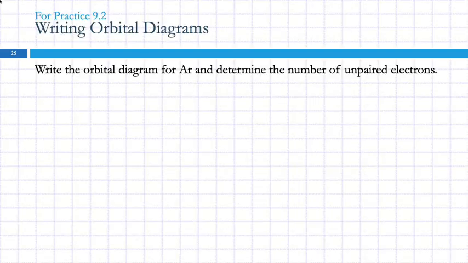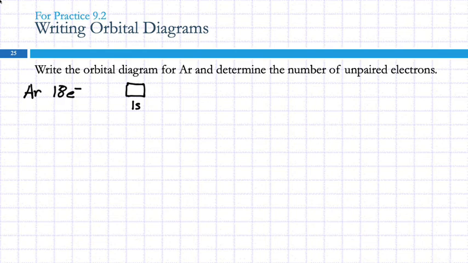Okay, write the orbital diagram for argon and determine the number of unpaired electrons. So the first thing to do here is to figure out how many electrons are we dealing with. How many electrons does argon have? 18 electrons. It is element number 18. So I'm going to just draw some orbitals here.